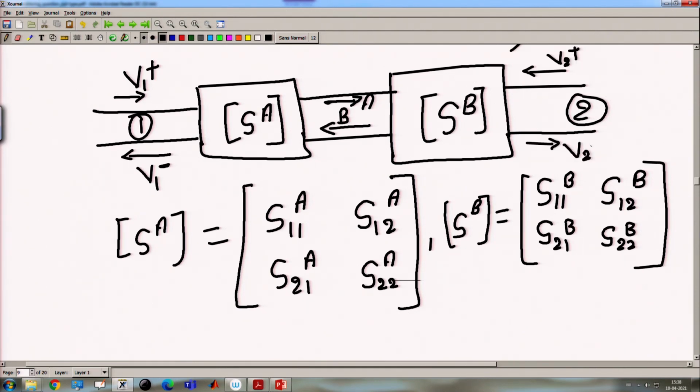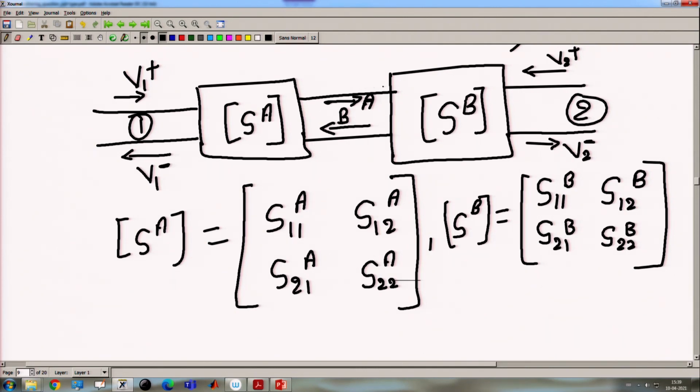A is the reflected wave for the first network, but incoming for the second network, while B is incoming for port 1 but outgoing for the second network.